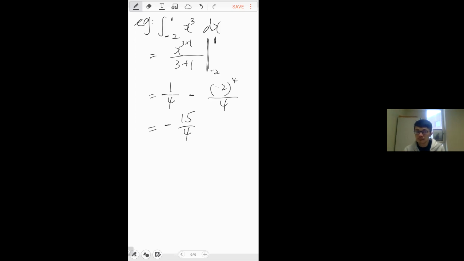Okay. I have one question for you guys. Does everyone see that I don't need to put plus c here? And why is it? I'm saying that this is the general antiderivative of x cubed, right?